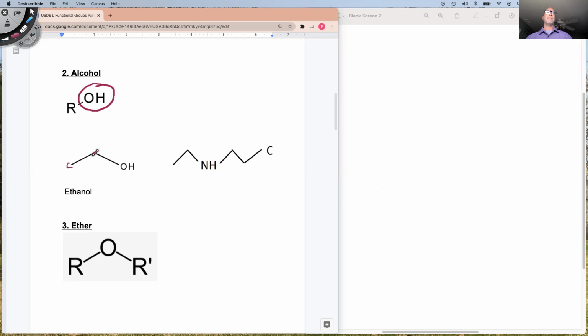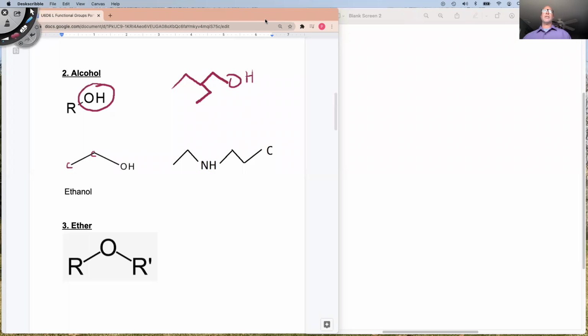This is a carbon, right? So if you take a look at this carbon and this carbon, this is a carbon chain attached to this OH group, all right? We would call that ethanol, which is what you would find in beer or wine, all right? So an alcohol is any carbon chain, and it doesn't matter what it is, with an OH attached to the side of it.